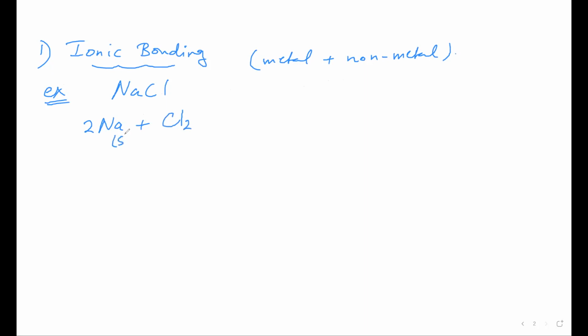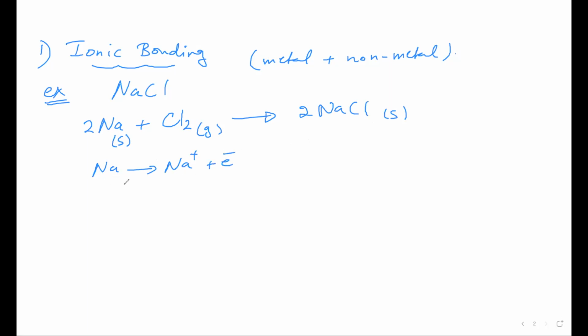Of course, sodium is in the solid state and chlorine is in the gas state, and it forms two sodium chloride solid. Now, how does this bond form? It formed because every sodium atom of these has lost an electron to form a sodium ion plus an electron.